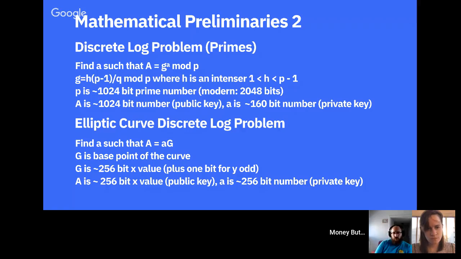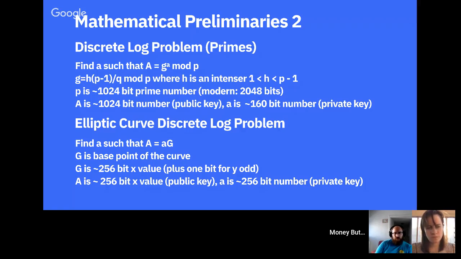This is a bit about what these numbers are, because they show up inside the math there. So p there is just a prime number that's 1,024 bits in the DSA spec, although today p would actually be a bit more like 2,048 bits, because the original standardization of DSA was from 1994, which is 25 years ago now.